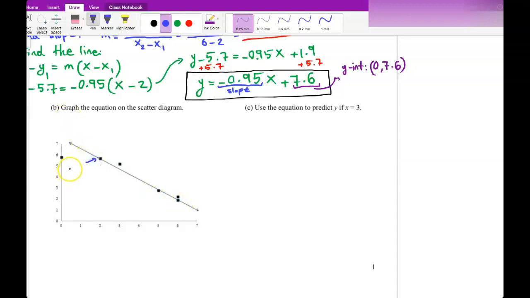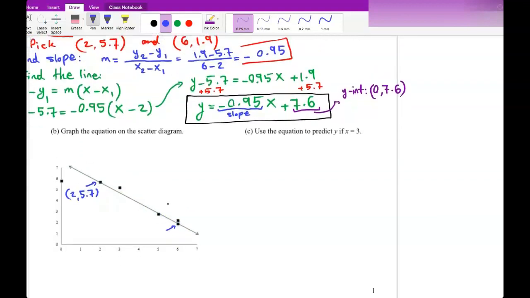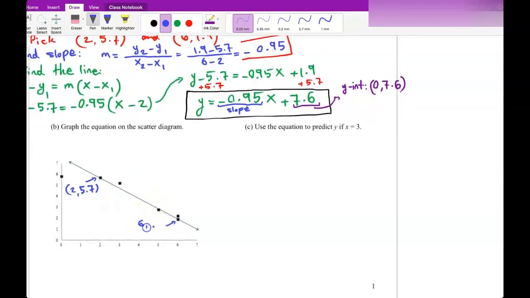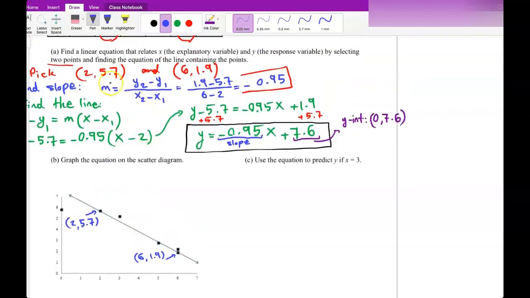That point is 2, 5.7, and here is 6, 1.9. These are the 2 points that I had in the first part.